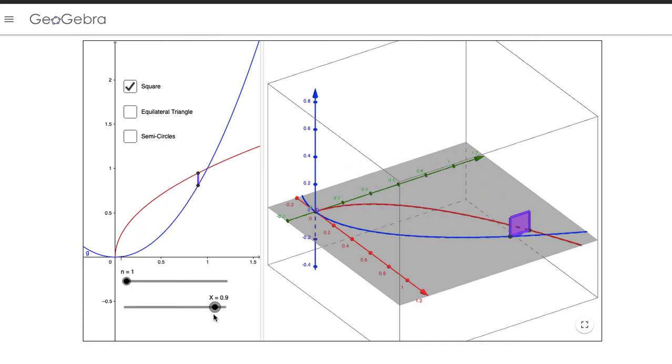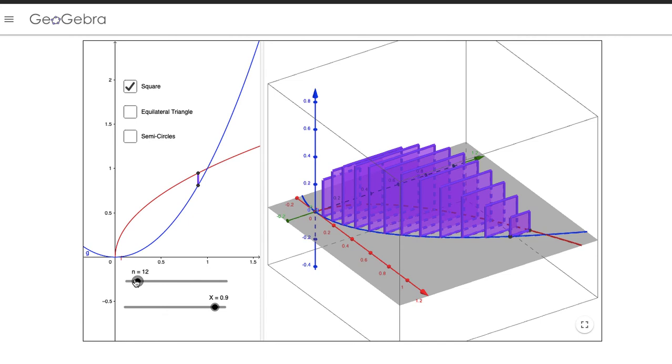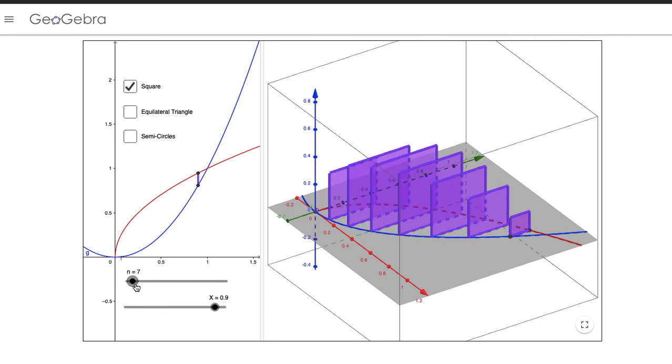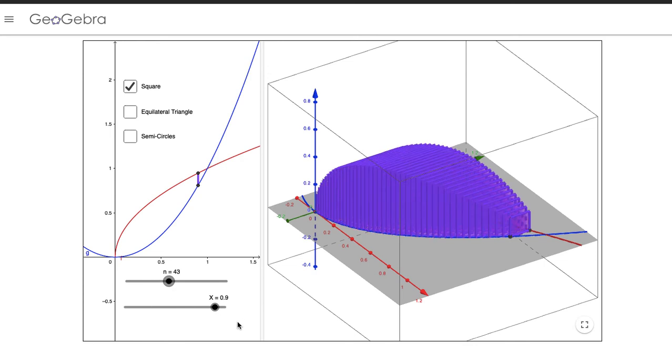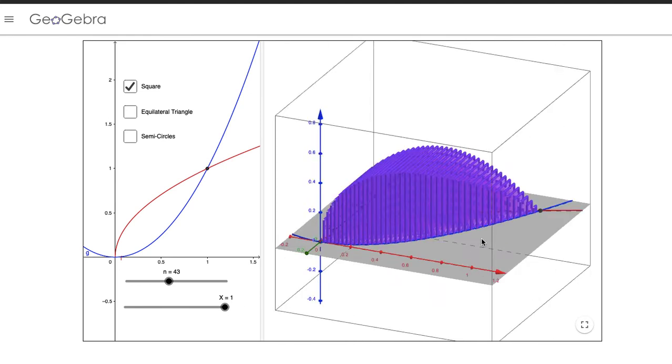But what does the volume look like? So if I have n and I increase the number of segments, obviously if I have a small number of segments, you can kind of visualize what it's going to look like. But what if I make n really high? There it is. This is the shape that I'm really talking about.